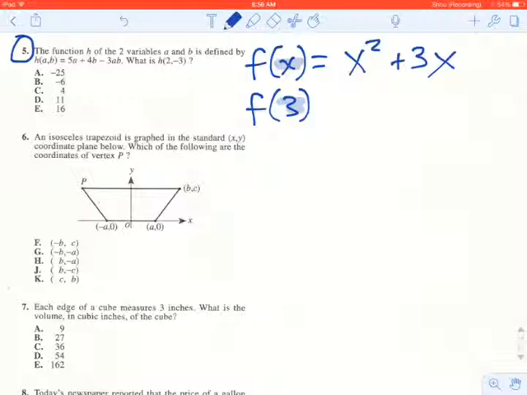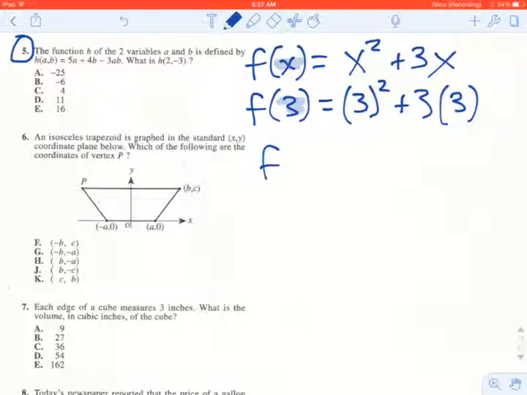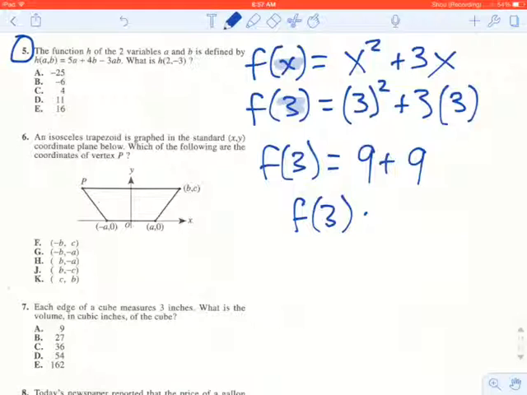So we do the same thing everywhere else in this equation. There's an x that we're squaring up here, and now we're going to take that x and make it a 3, square it, plus 3, and now again instead of x, we write 3. So we're just plugging in 3 for all of the x's that we have in our original equation. So then what we end up with is f of 3 equals 9 plus 9, or f of 3 equals 18.